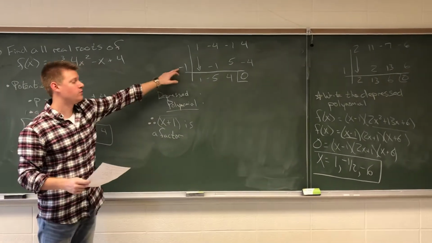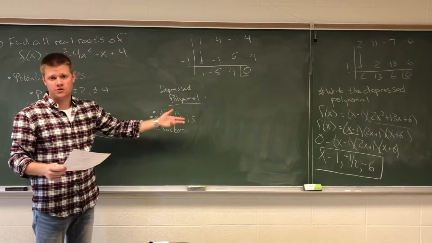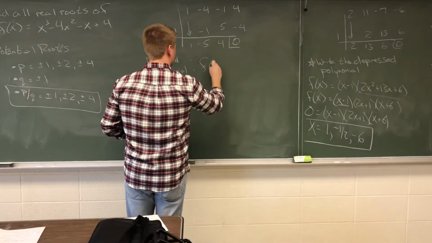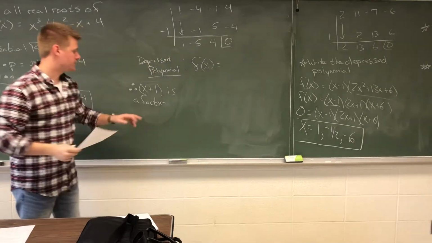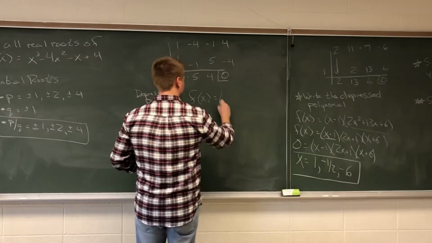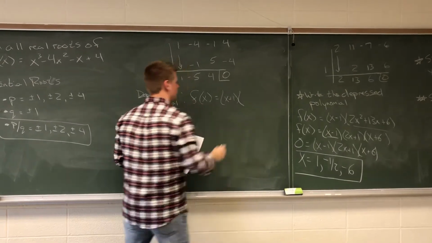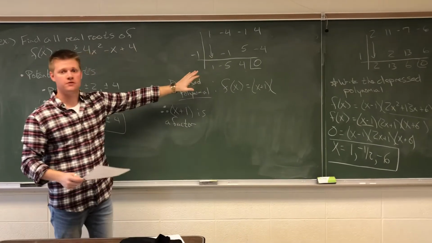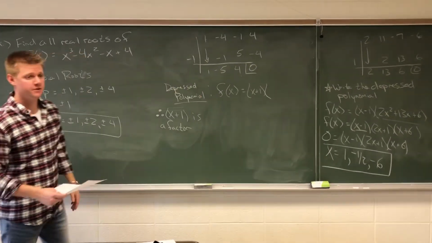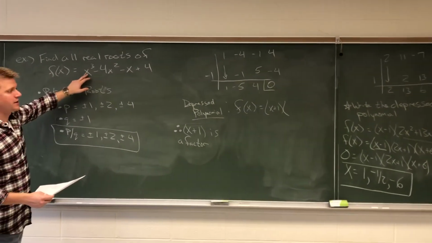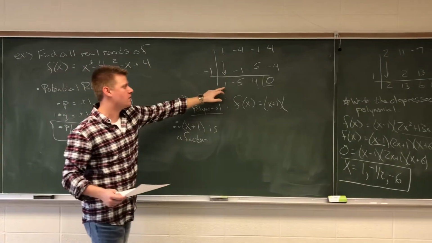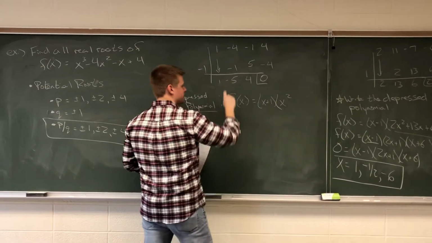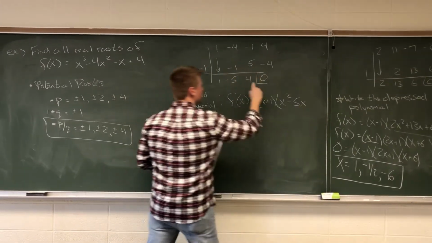So again, if negative 1 is a root, x plus 1 is a factor. So I'm going to start there. And what that is multiplied by is what is left over here after the division process, as we've seen in different sections. So if the original started as an x cubed, this is now a 1x squared. Minus 5x, just go right on down the line, plus 4.